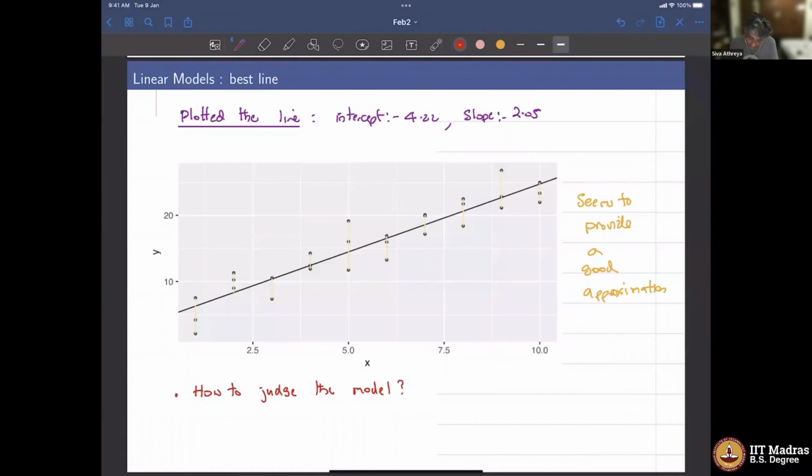And once we have the model, if it is a linear model, is the line the correct fit? Is this the best line? Is this the best possible solution under the model? Are we doing the correct thing?